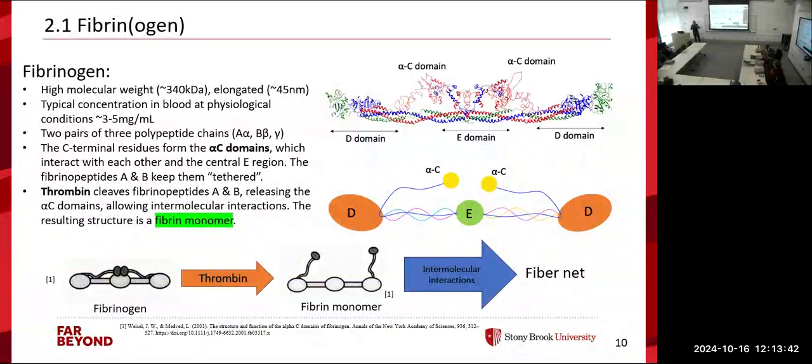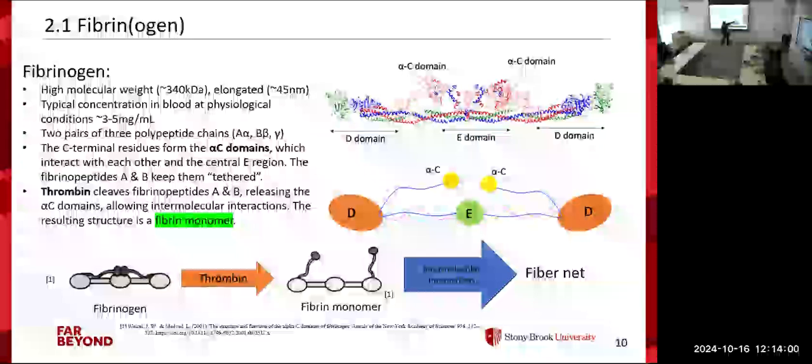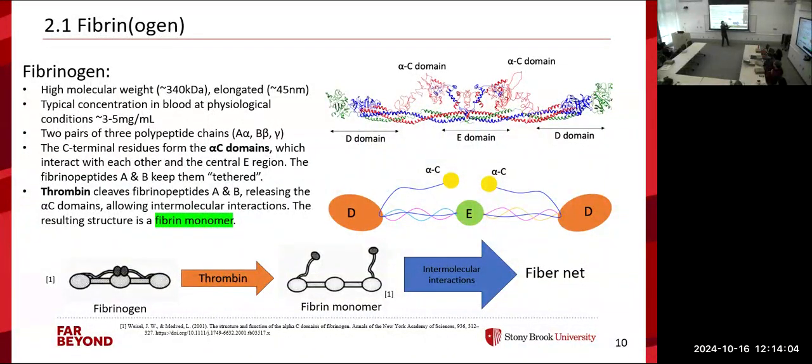A few introductory remarks about fibrinogen. I said a few things: plasma protein, high molecular weight, elongated. One thing I want you to remember is this sketch here, because it's simplified. The protein has an E region in the center, 2 D regions on the sides.